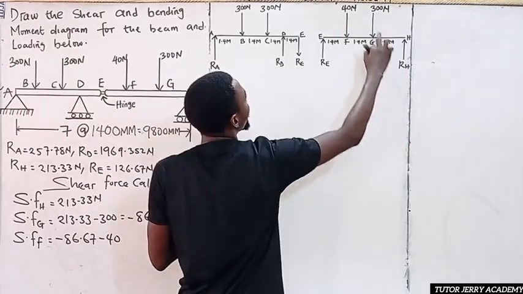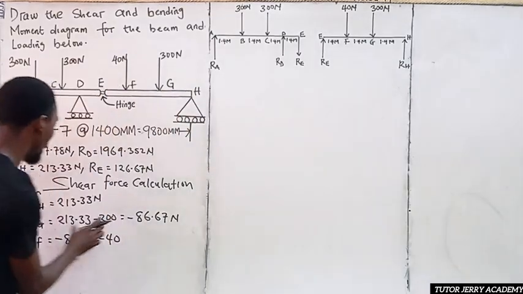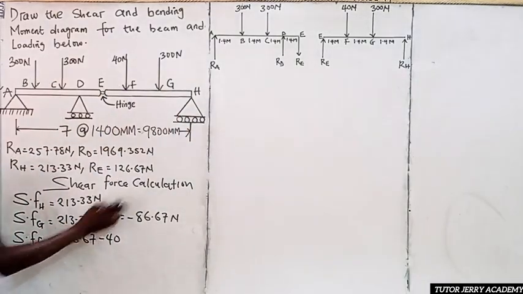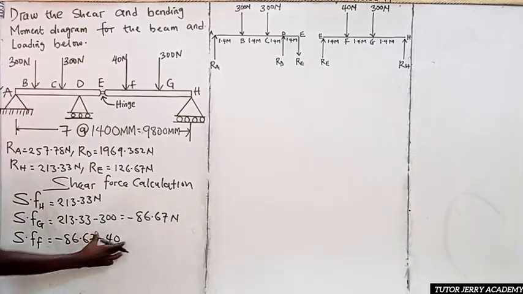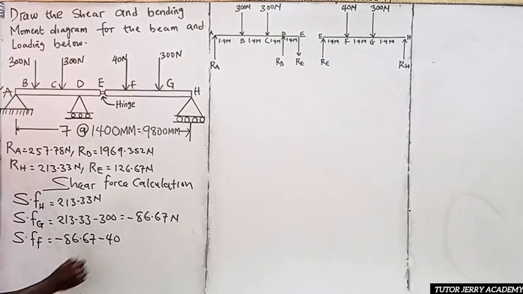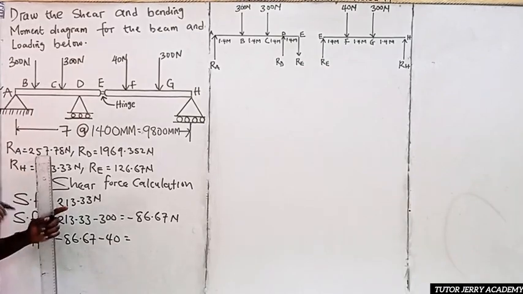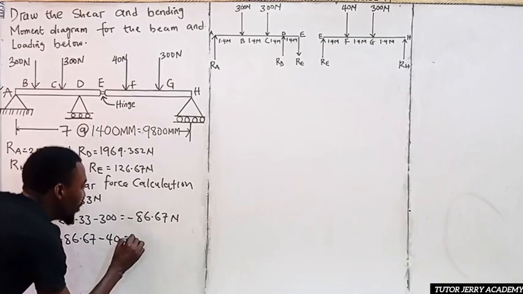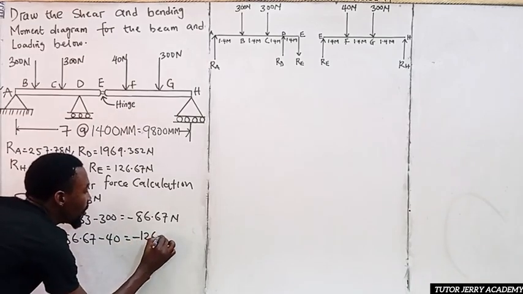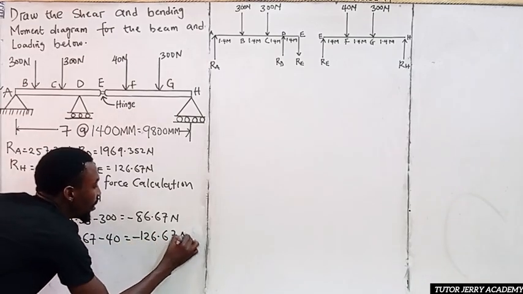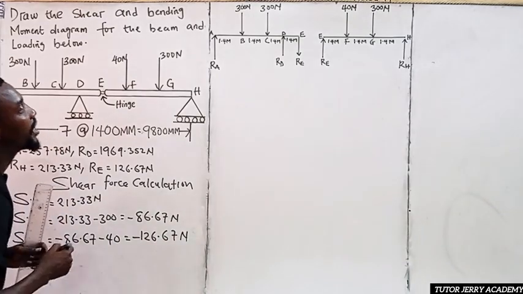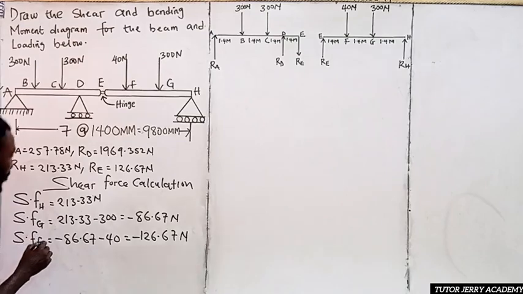So this is positive minus this minus this. Instead of repeating this, it's better you write the answer, then subtract from the next one. So if you do that, we are going to have the shear force at point F equal to minus 126.67 Newton.